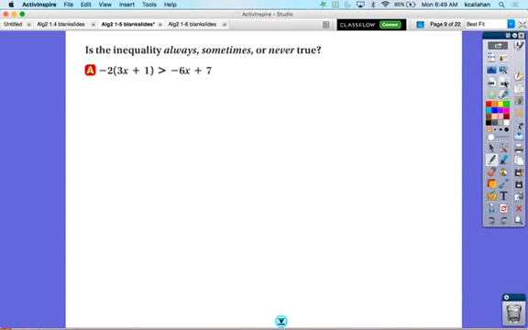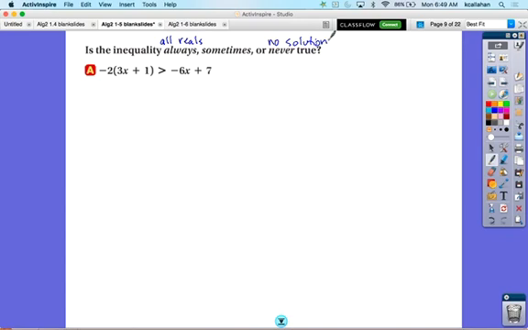Probably we would say, when you solve an inequality and it's always true, that's like saying the solution is all real numbers. If you solve an inequality and it's never true, we would probably say no solution. But the book is not going to ask it that way, so we'll go along with what the book has.